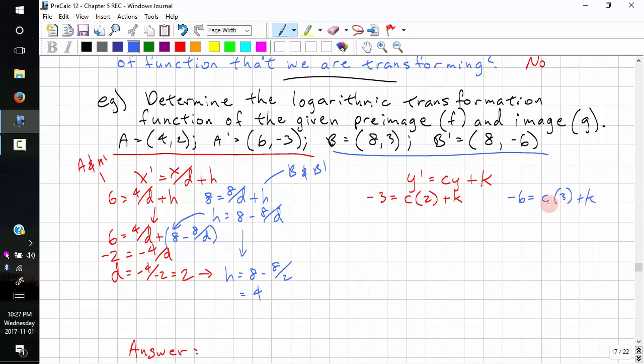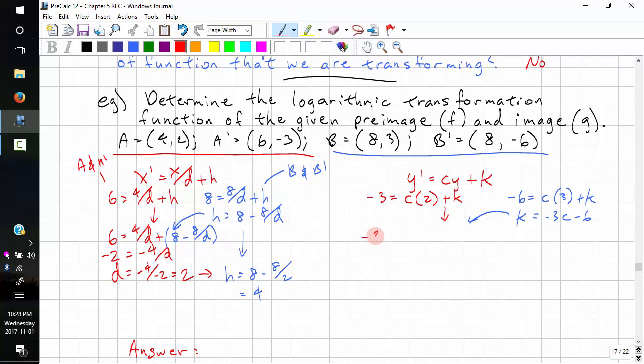We're moving this c3, we'll call it 3c instead, and move it over the other side. K equals negative 3c minus 6. I'm going to pop that down into here and substitute into this equation.